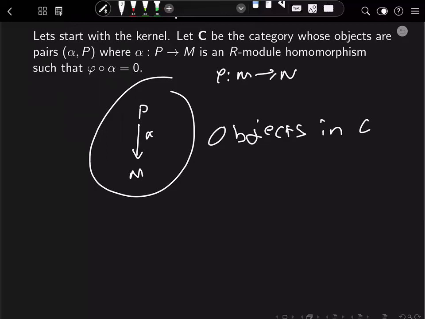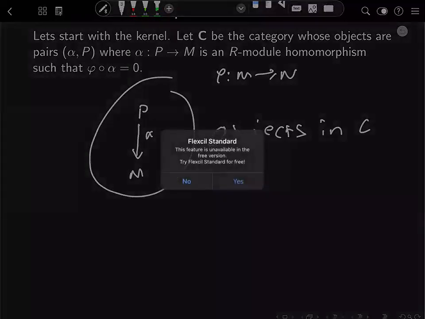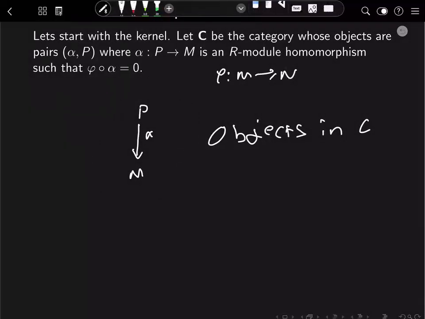So we have these two pieces of data: we have our module P, and a function from P into M such that phi composed with alpha is equal to 0.